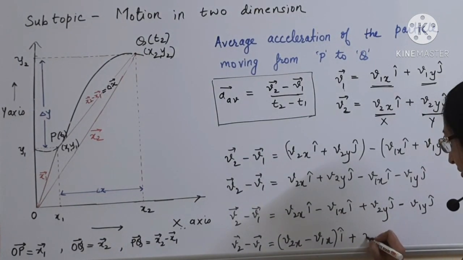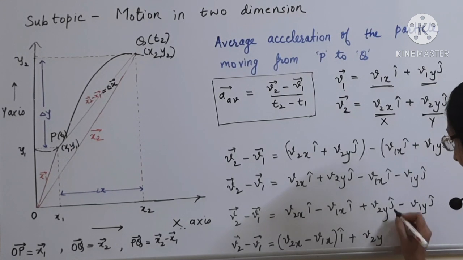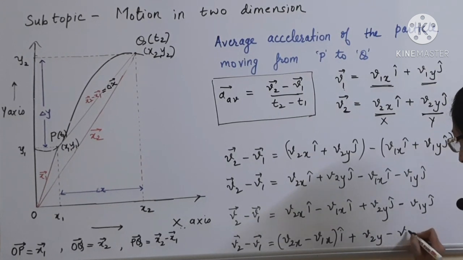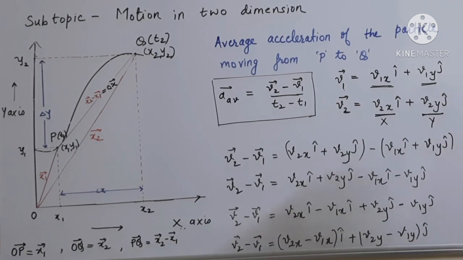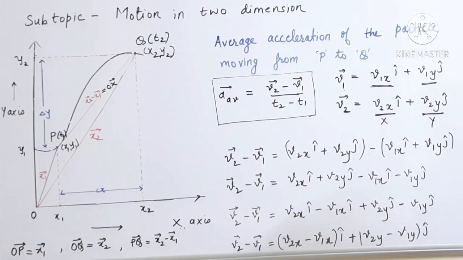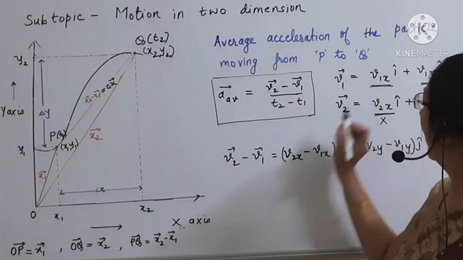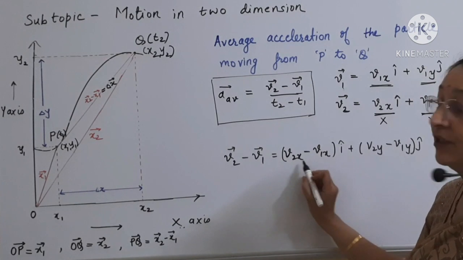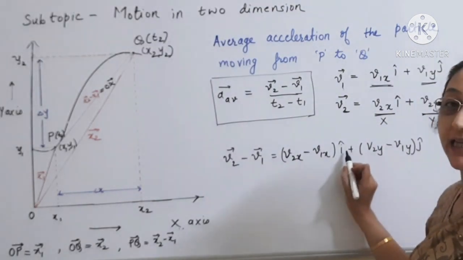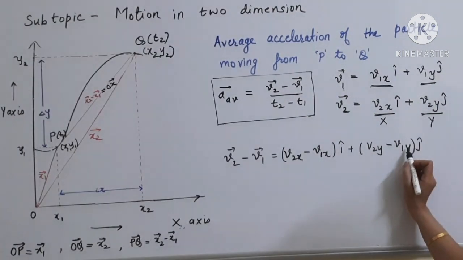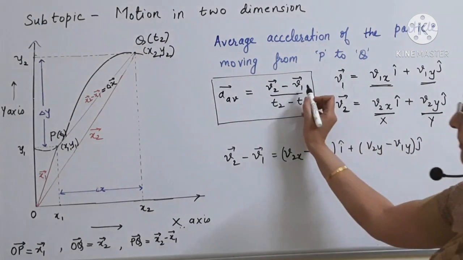Plus (V2y minus V1y) j. What is j? j is the unit vector along the y-axis. So we have found V2 minus V1. This V2 minus V1 is (V2x minus V1x) i plus (V2y minus V1y) j. So we put this here.